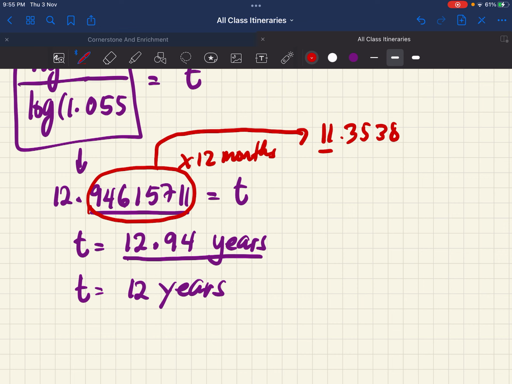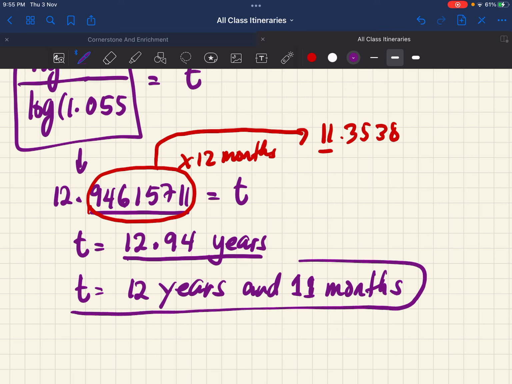So I will now say that it is 12 years and 11 months. Okay, so that is actually the data.